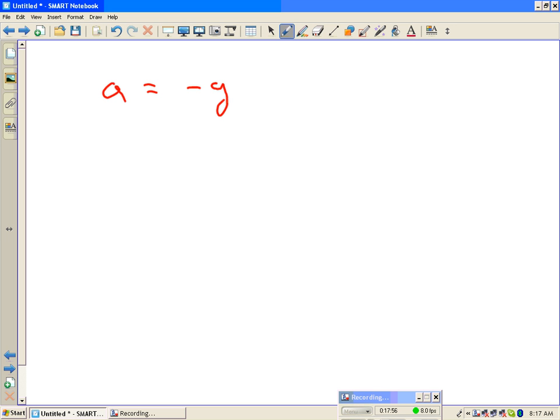Okay? So we could say, okay, let's do that. Let's write it down. So what I'm really saying is this. Aren't I? Yes? All right, so can you separate the variables? dv equals negative 9.8 dt.